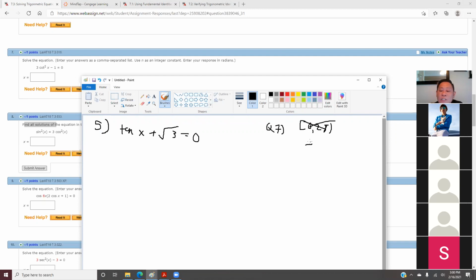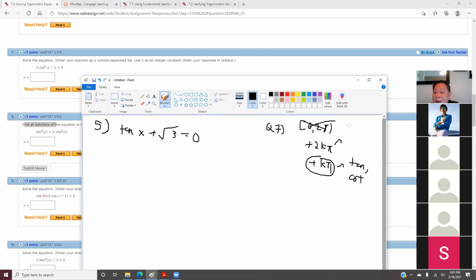then for your answer, you just need to add 2k pi or k pi, depending on your trig. So if you have tangent or cotangent, you just add k pi. The reason why you add k pi for tangent and cotangent is because the period for tangent and cotangent is pi.